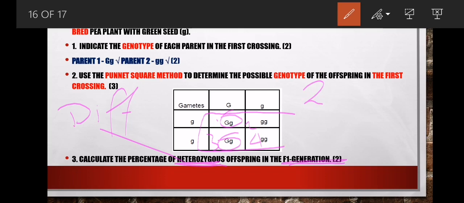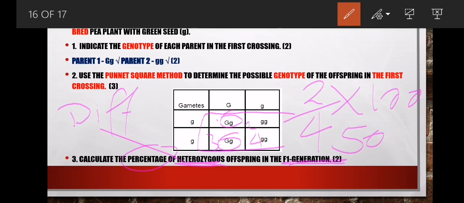Out of how many? Out of 4, because they say calculate. What are we calculating? Percentage. We multiply by what? 100. So it's 2 over 4 multiplied by what? By 100. Then you get 50.